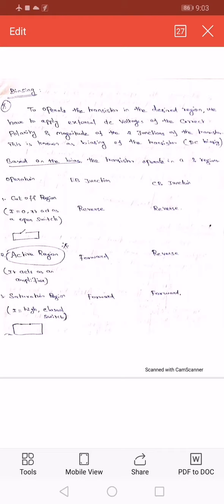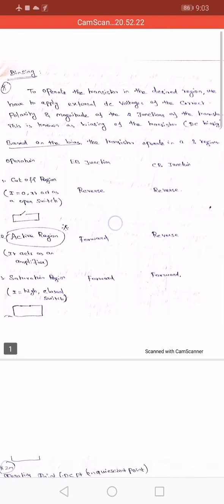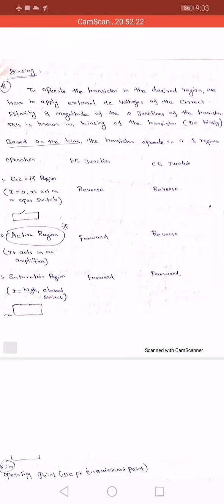Here both junctions should be forward biased. At that time the transistor works as a closed switch, because both junctions are forward biased, so the current value is high and current is conducted in the circuit, so it acts as a closed switch.